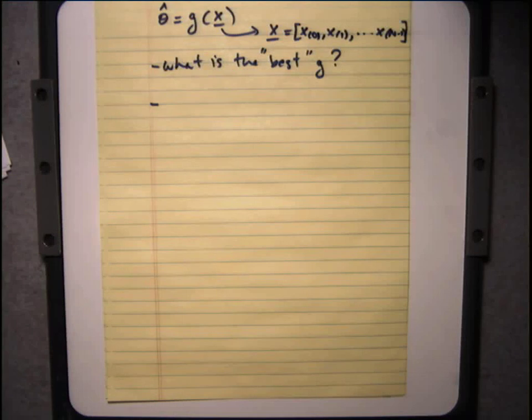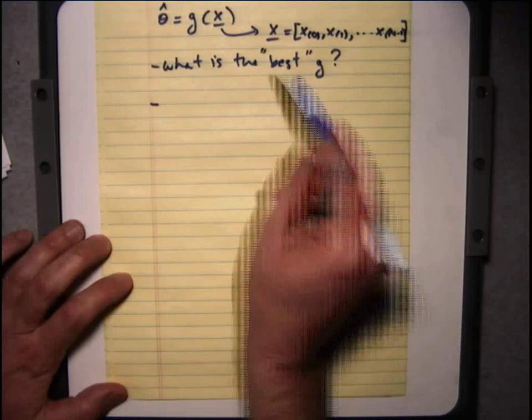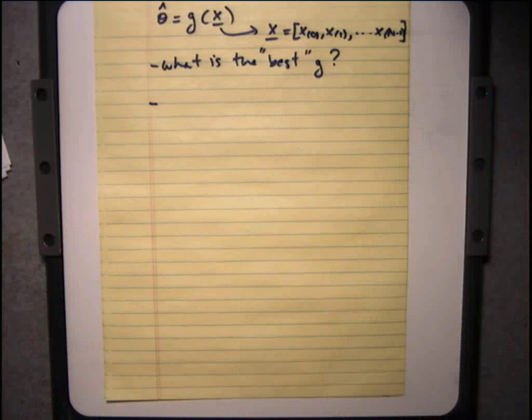Okay, so you remember in the detection scenarios we talked about maximizing the probability of detection for a fixed false alarm. That was one optimality criterion. We talked about maximizing the output signal to noise ratio. That was another criterion. So what's my criterion for deciding what's best here? I haven't defined it yet. I'm just saying I'm going to define some criterion, and then I'm going to try to find out the best G according to that criterion.